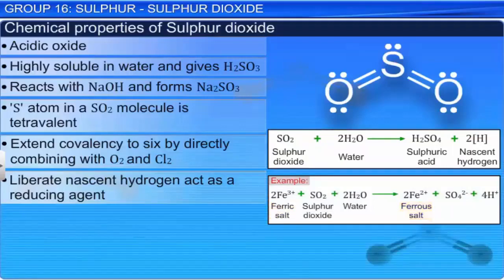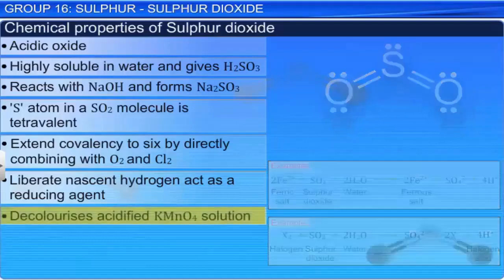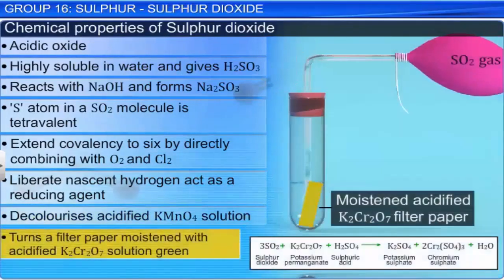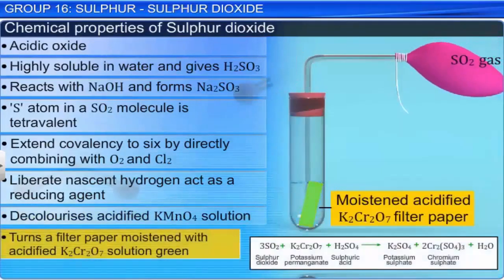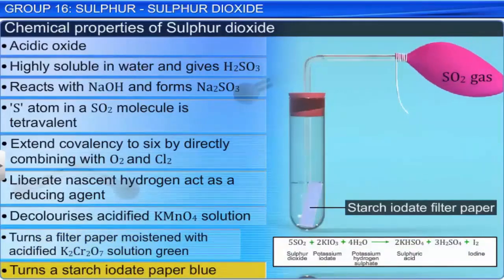Similarly, it decolorizes acidified potassium permanganate solution, turns a filter paper moistened with acidified potassium dichromate solution green and starch iodate paper blue. Note that these reactions are used as identifying tests for sulfur dioxide gas in the laboratory.